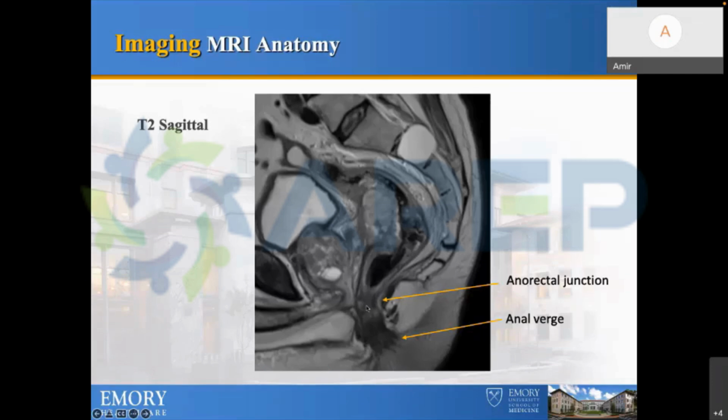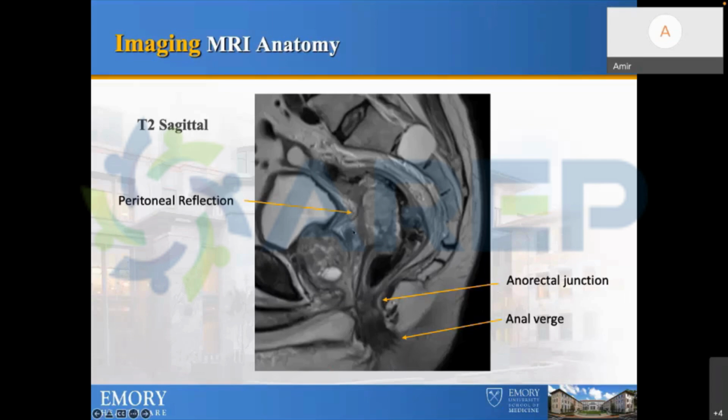Because the closer the tumor is to this area, the higher the rate of involvement of the sphincter mechanism and sphincters. We call these lower tumors low rectal tumors, and they have a higher risk of recurrence, and the surgery is harder, and usually they undergo APR.